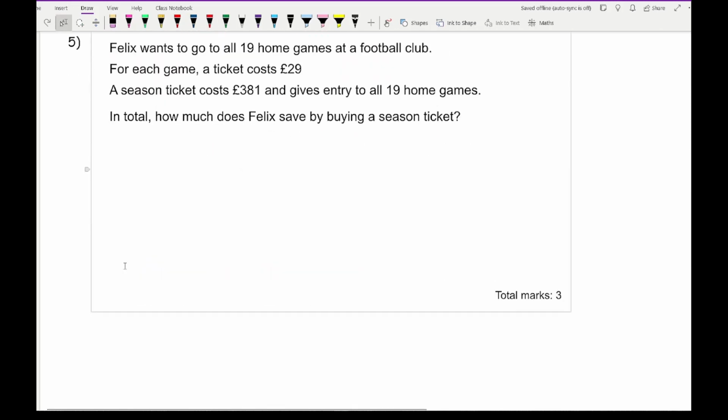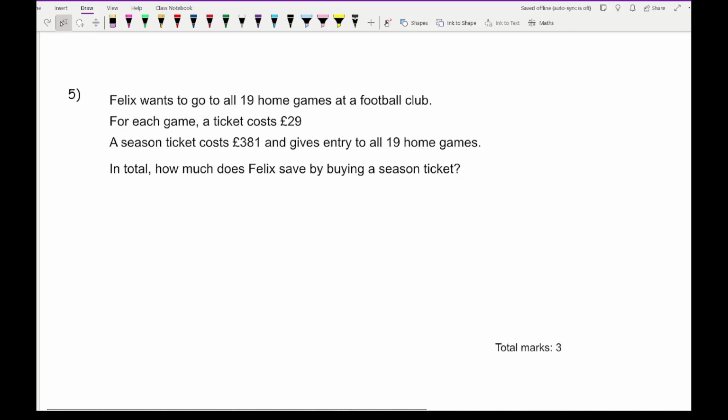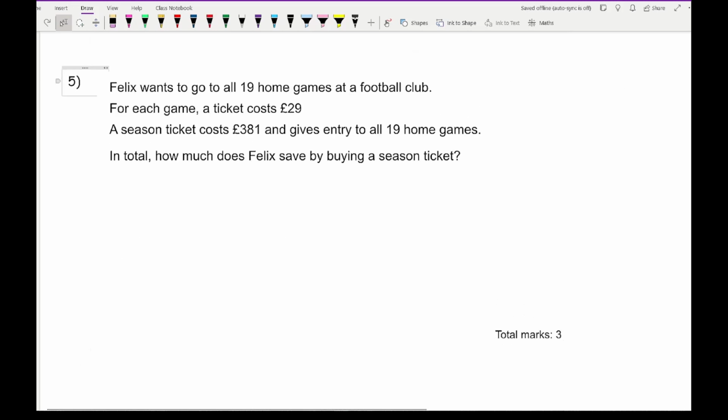Moving on to question 5, it says that Felix wants to go to all 19 home games at a football club. For each game, a ticket costs £29, a season ticket costs £381, and gives entry to all 19 home games. And the question is asking, in total, how much does Felix save by buying a season ticket? So let's start off by working out what the price is separately.